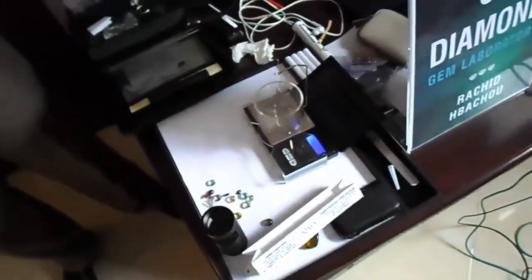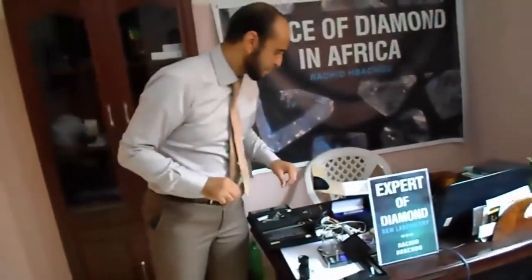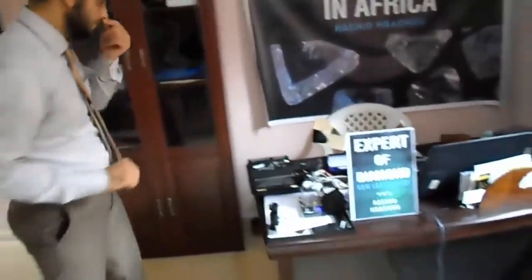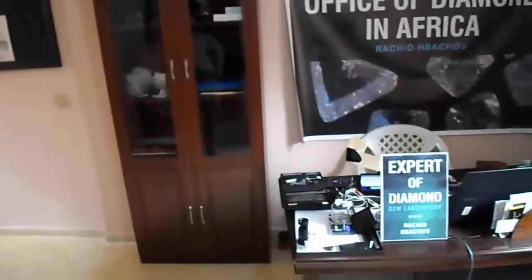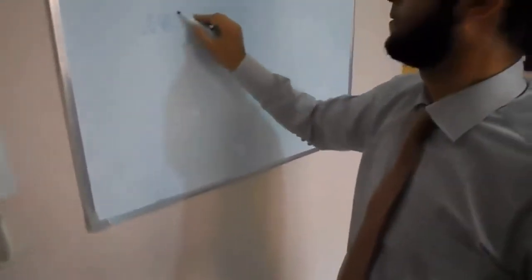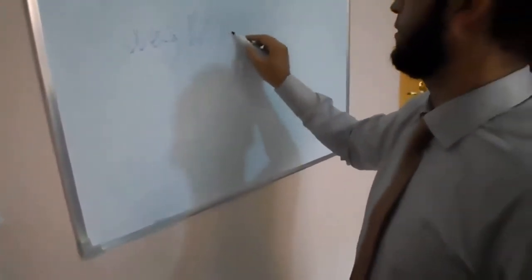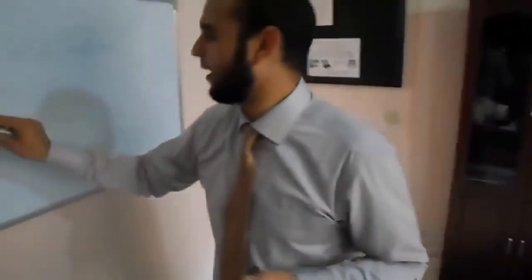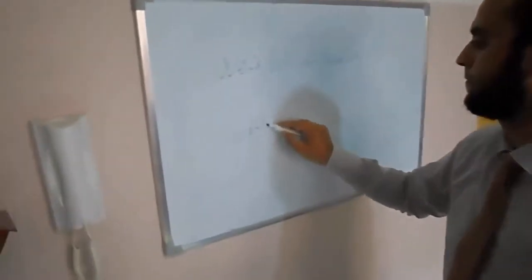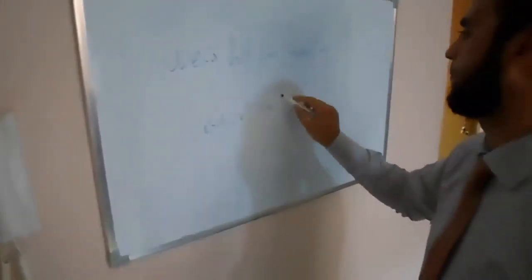What we do with this specific gravity kit is this. To know the specific gravity, we have to know the weight in the water and the weight in the air.